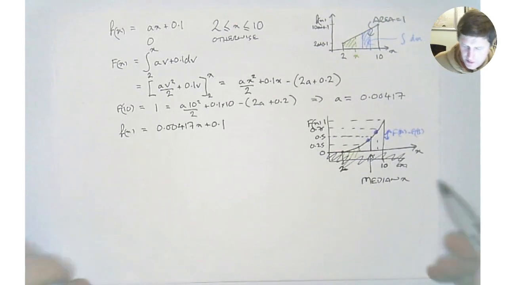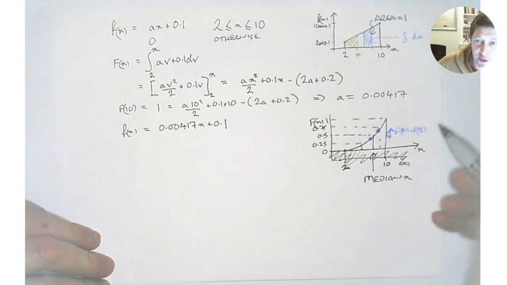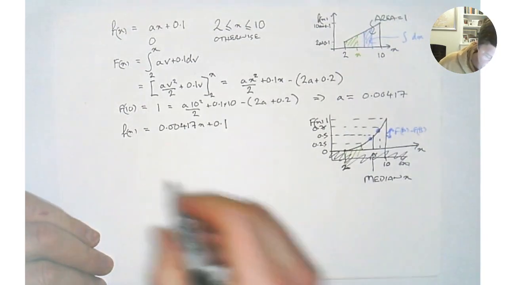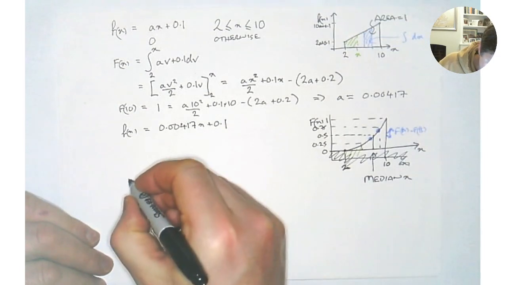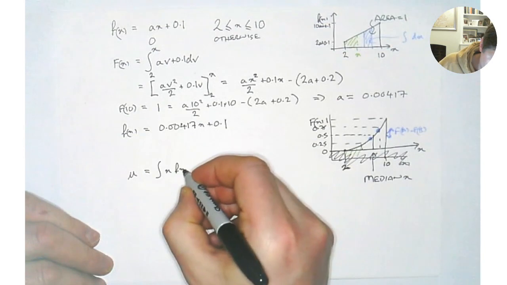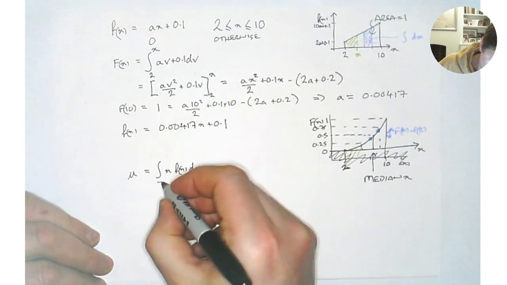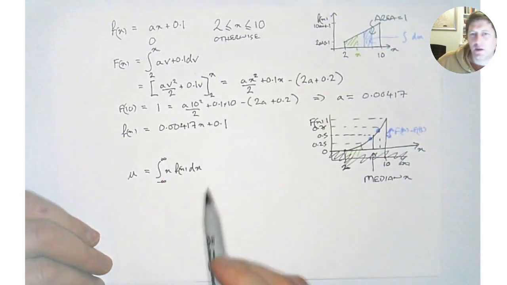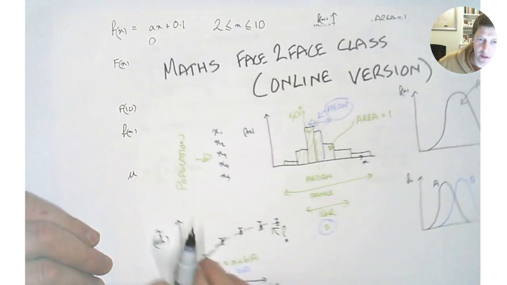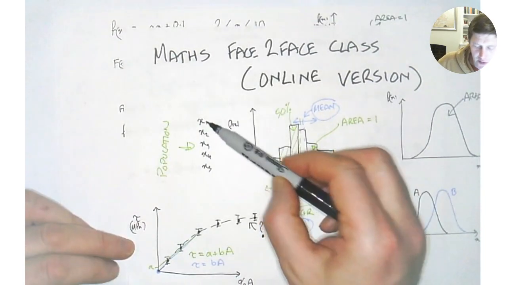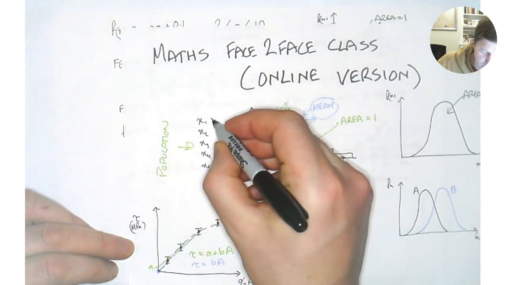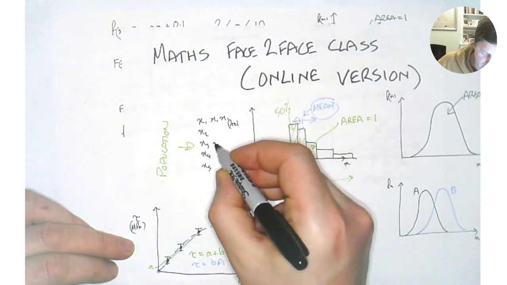Okay, so those are the distributions. How do we find the mean? Found a median, how do we find the mean? So the definition of the mean is that. Why is it like that? Well, imagine if you had our list of data to begin with, like we had it here. Imagine these are all different data points, but imagine if we had some repeating data points, if we had more than one value of x1 and then we had some values of x3.